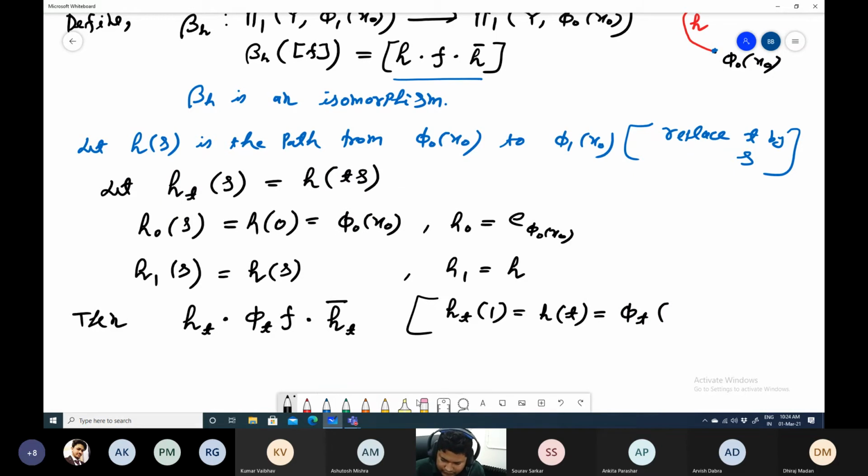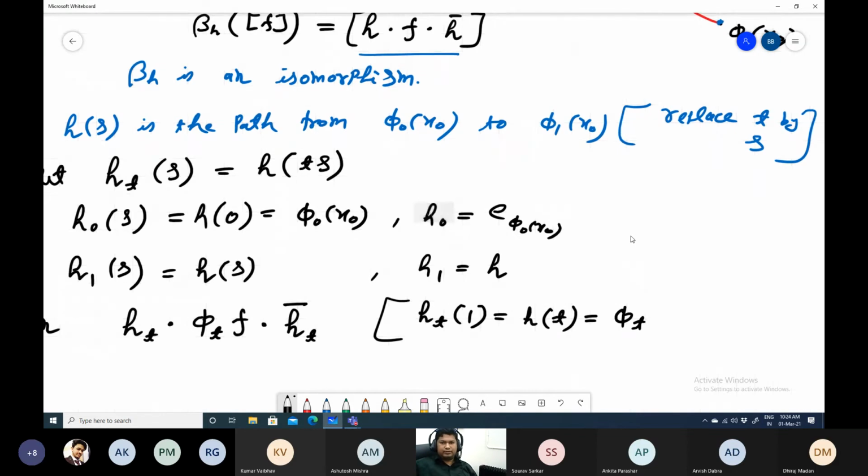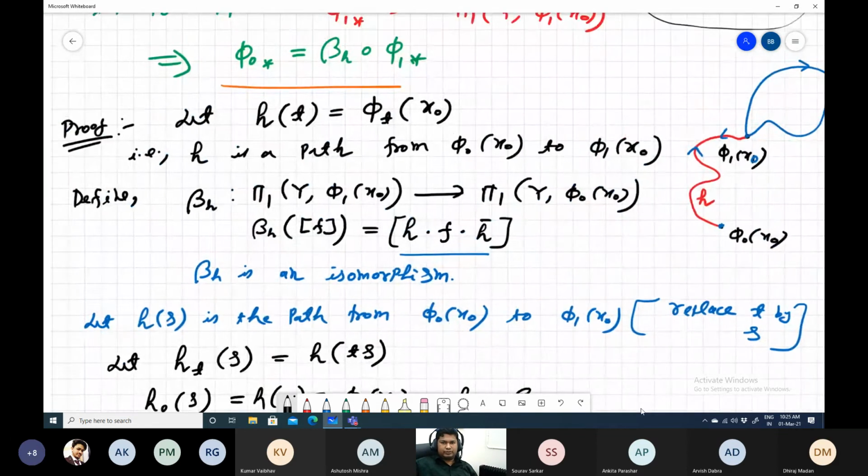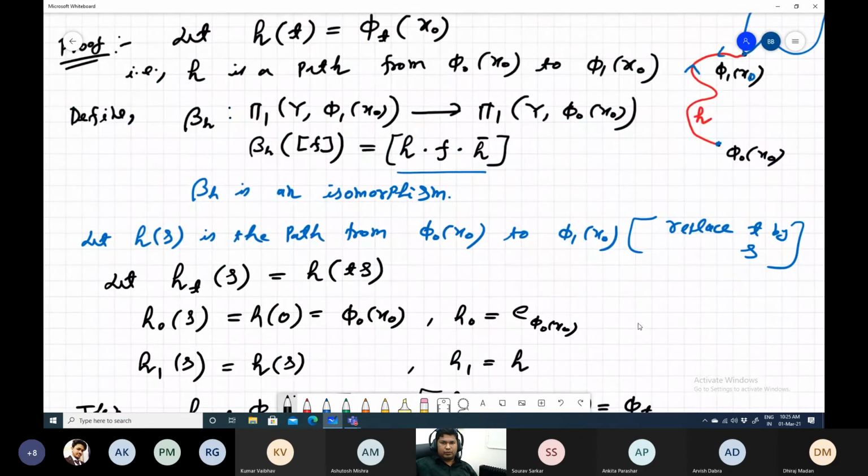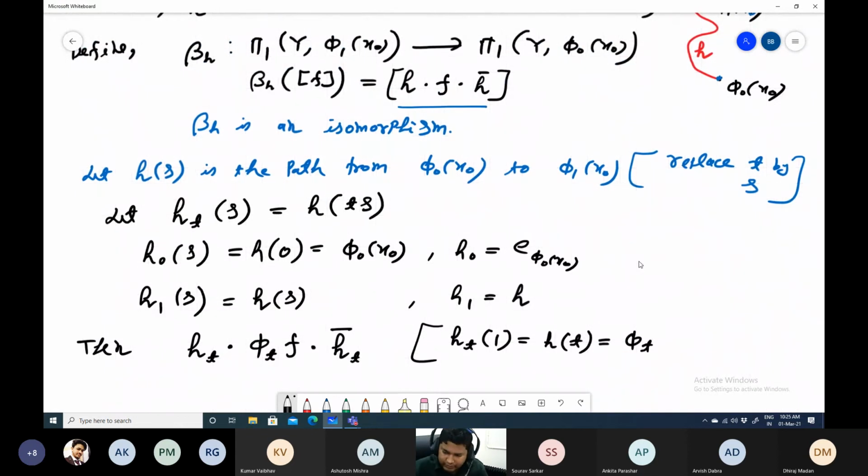So it is phi t x0, right. So this is phi t x0. And what is my phi t f of 0? That is phi t f of 0, and f of 0 means again x0, right?